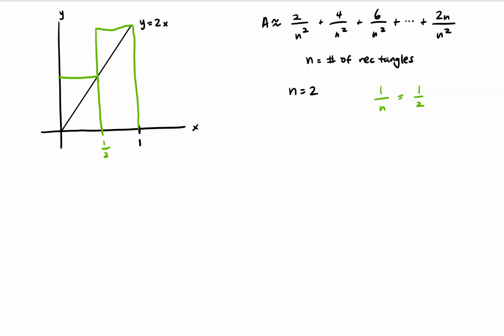But let's see. So if we evaluated 1/2, the height of this rectangle is going to be 1 because I'm taking this number and multiplying it by 2. And then the height of that rectangle is going to be 2.